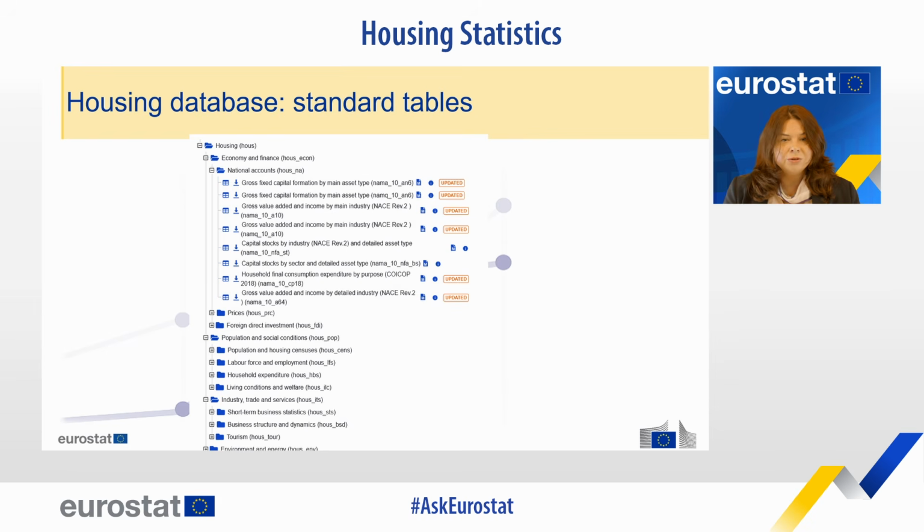In the Eurostat online database, more than 200 indicators are currently listed, according to 5 major topics: economy and finance, population and social conditions, industry, trade and services, and environment and energy. All these subtopics have multiple indicators, and we encourage you to explore this information and use it for research or other interests.